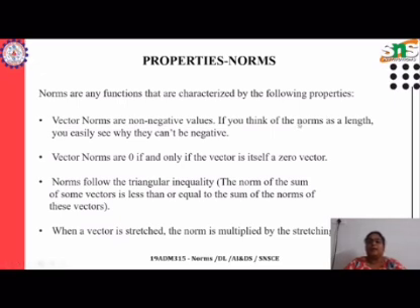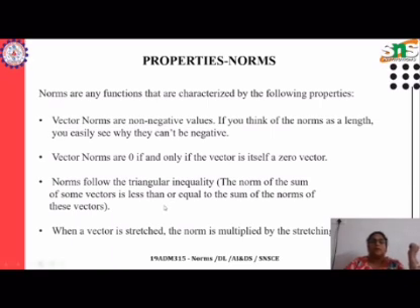So one example, you can calculate the length of anything. Norms can be 0 if and only if the vector itself is a 0 vector. It should be a positive value, but it can be 0. If the vector value is 0, it will accept it.